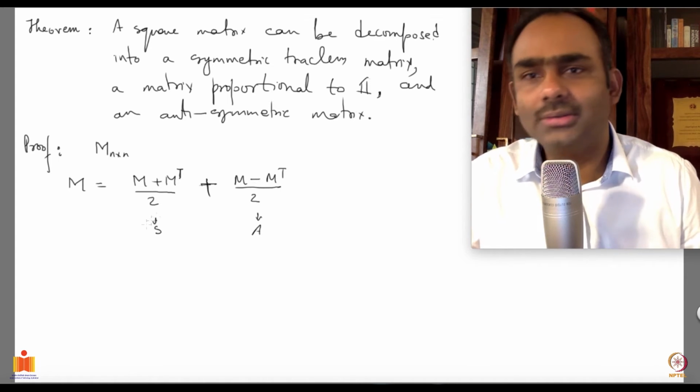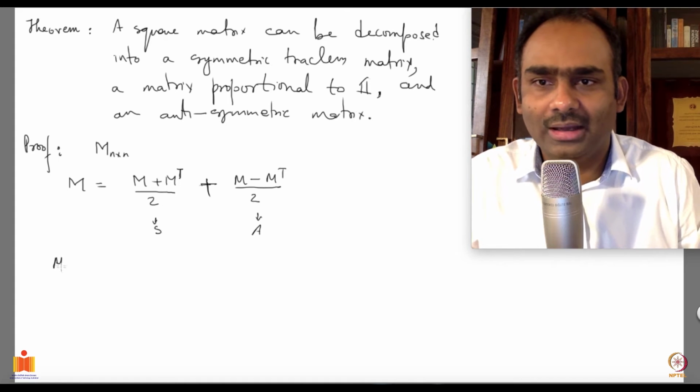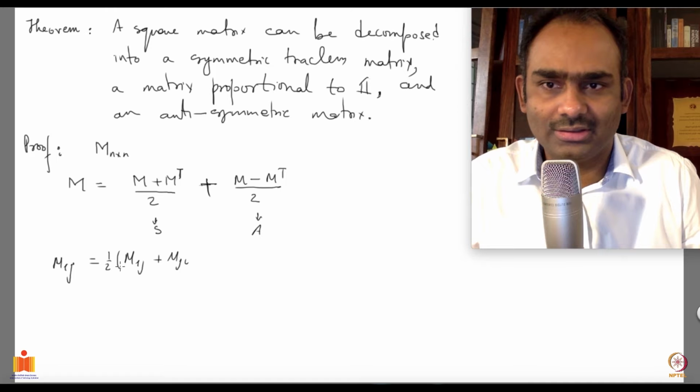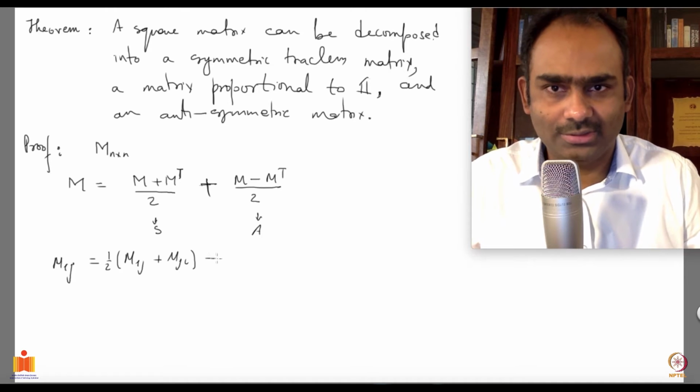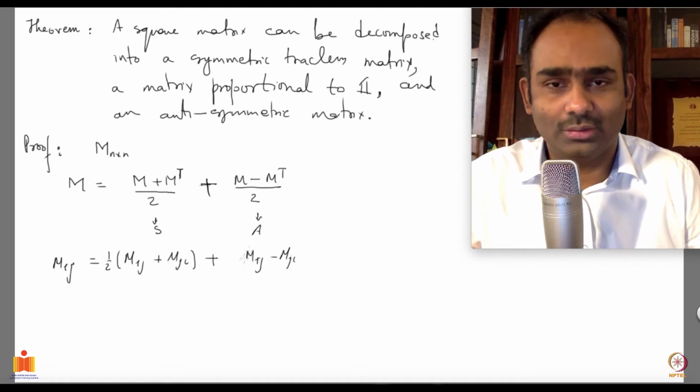Okay, so in the component form, I can write this as Mij equals (Mij plus Mji) over 2. Okay, that's the first symmetric piece, and then you have (Mij minus Mji) over 2. Okay, that's your anti-symmetric piece.